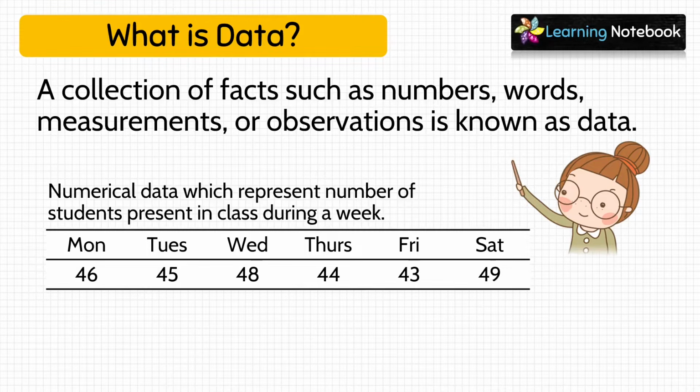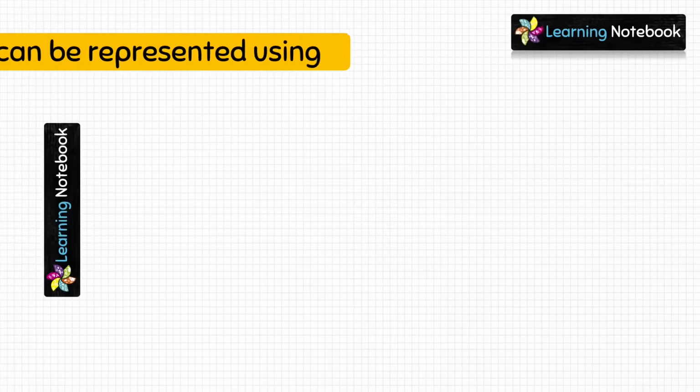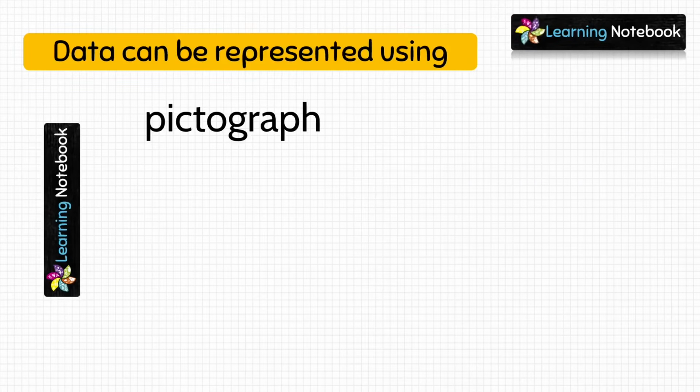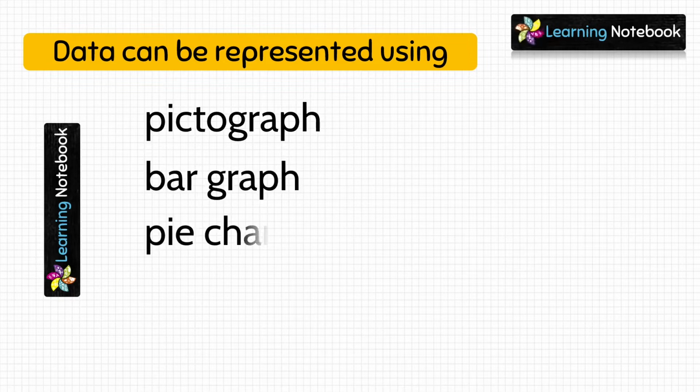So this is data and it is representing the number of students who are present in a class during an entire week. Now students, we can represent this numerical data in mathematics using pictograph, bar graph and pie chart. Let's understand them one by one.